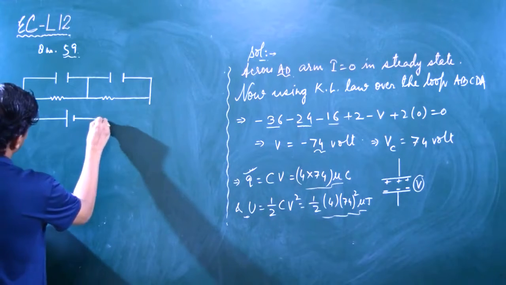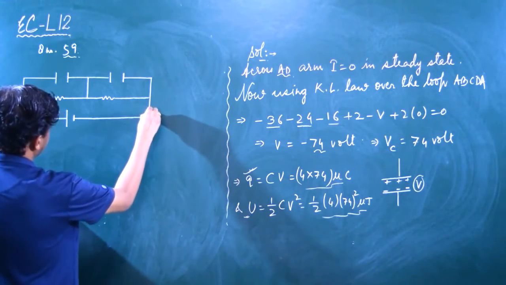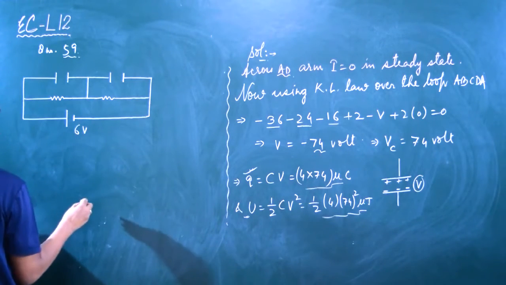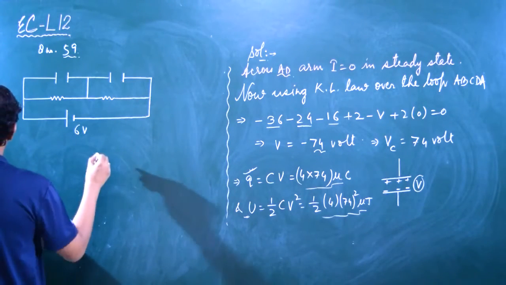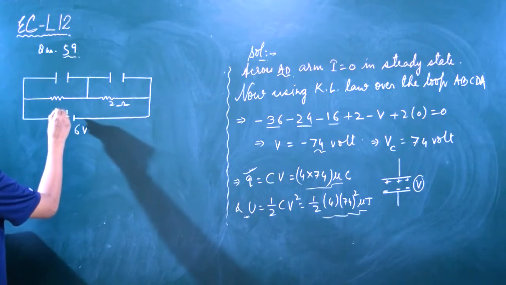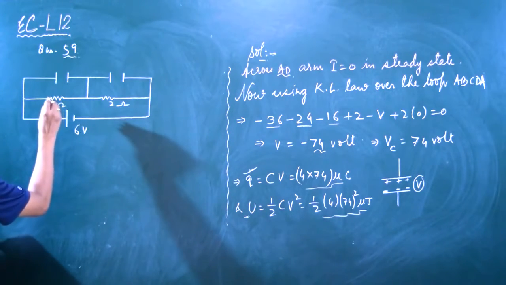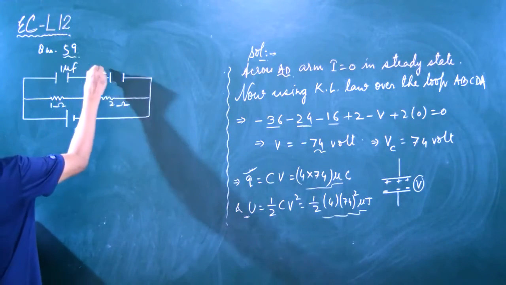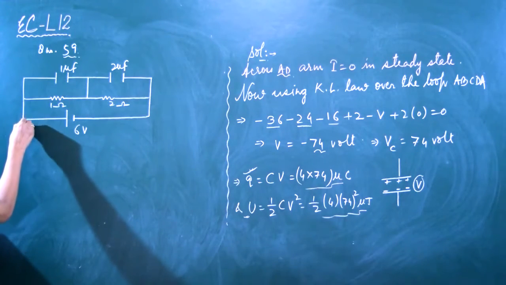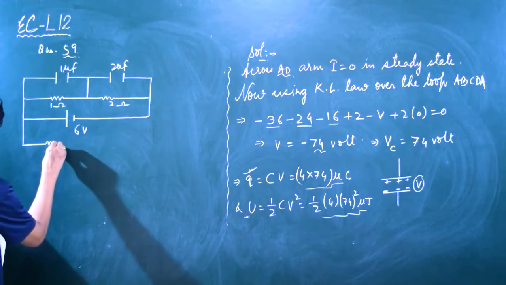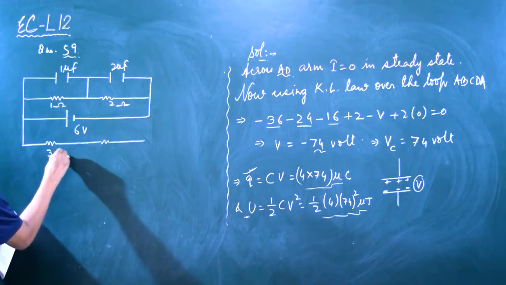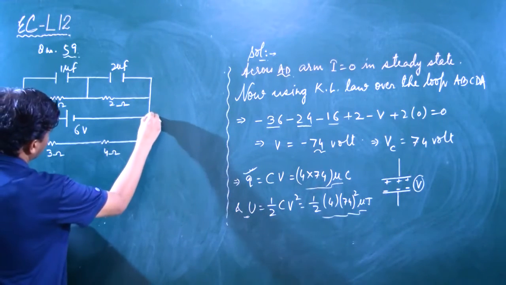Internal resistance of the cell is not defined, means the cell has internal resistance of negligible value. It is 6 volt. It is 2 ohm, 1 ohm, 1 microfarad, 2 microfarad, it is 3 ohm, 4 ohm.